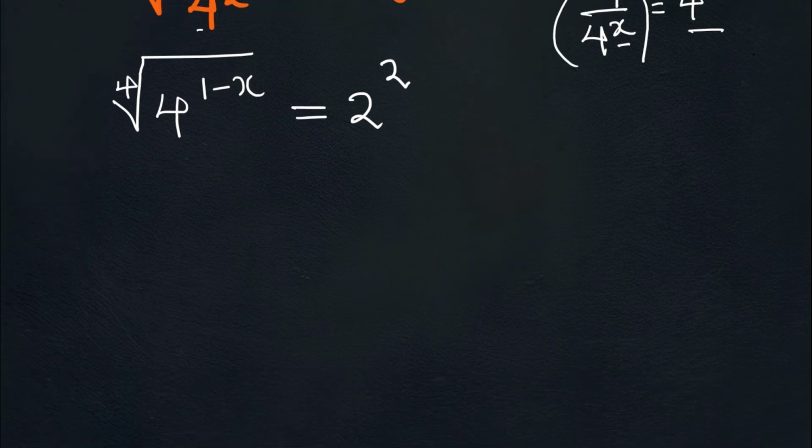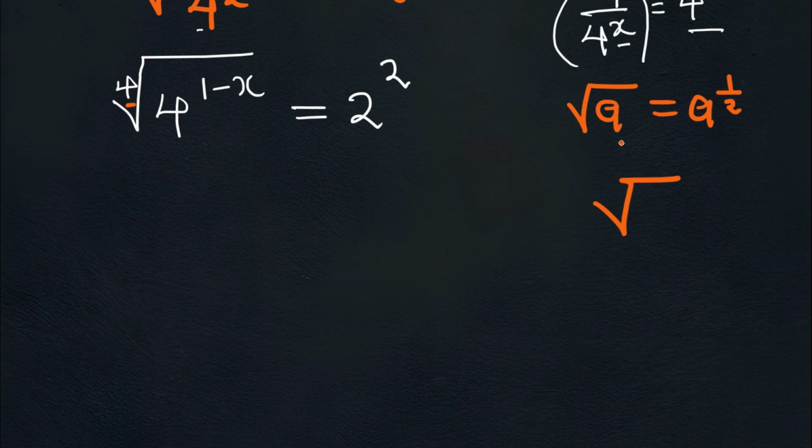So the next step will therefore be to get rid of this fourth root, and we know that the square root of a, for an example, is equal to a to the power of half, and then the fourth root of a will therefore be equal to a to the power of 1 over 4.